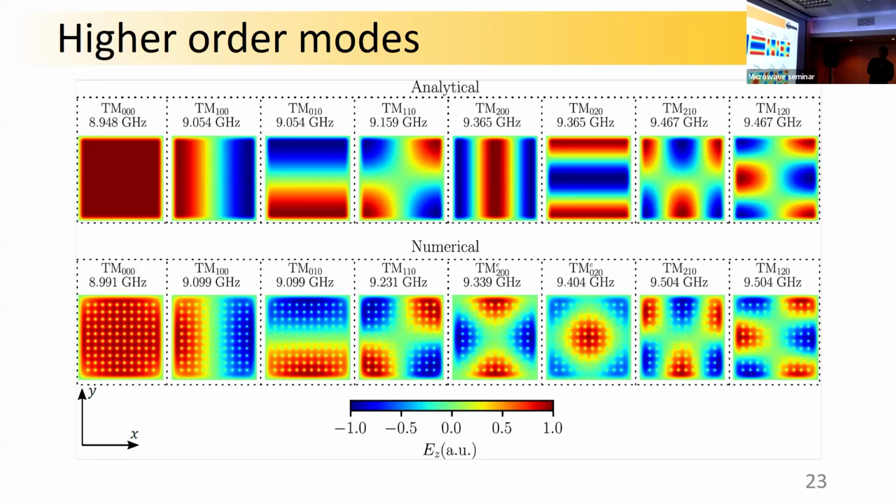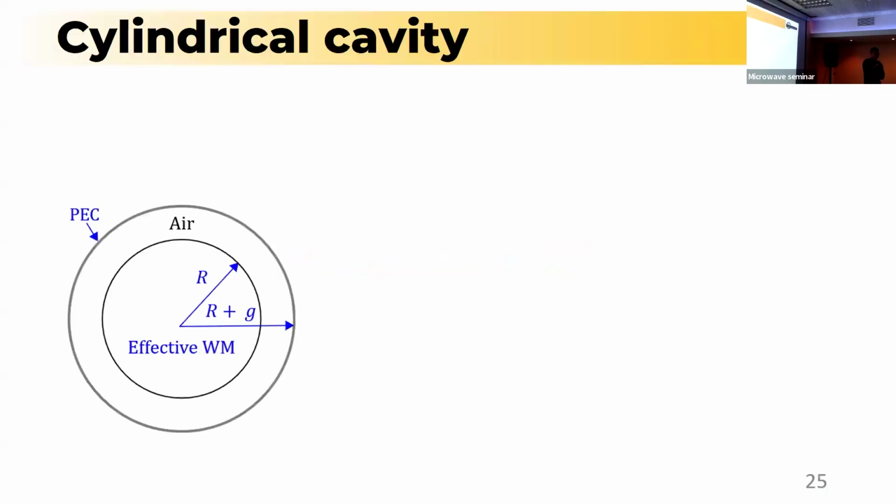And that's the detail. So we can also apply this idea to a cylindrical cavity. In the cylindrical cavity, actually, the problem is simpler than the square cross-section cavity because we are going to have just dependence of our field in the radial direction. So we will have this problem.